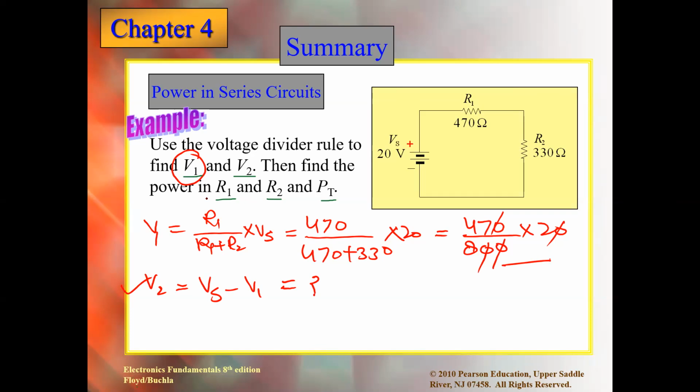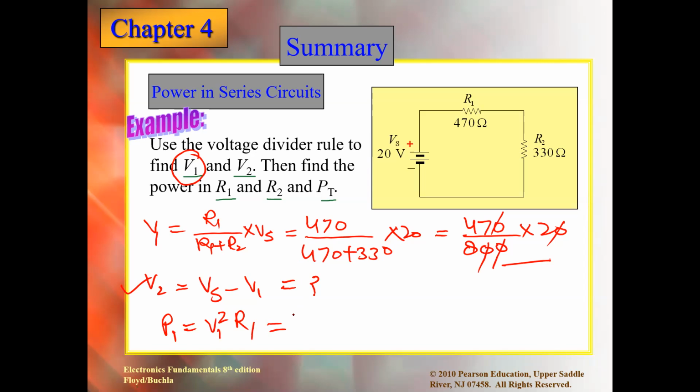Then they are asking for the powers. So you can calculate the powers. P is equal to, we know the formula to calculate the power, P is equal to V into I. Either we can use it or we can use V square over R. So we can say P1 is equal to V1 square over R1. V square we already calculated.